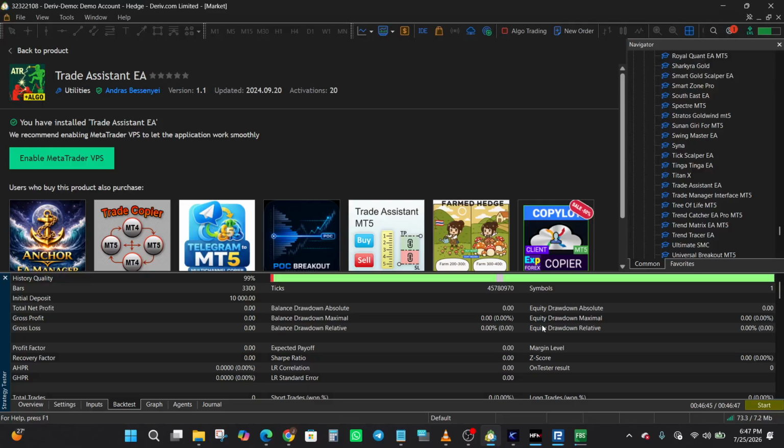Okay, so to wrap up, based on the available information, Trade Assistant EA is fundamentally a trade management and position sizing utility rather than a plug and play strategy. Okay, and that is exactly what this test reflects.